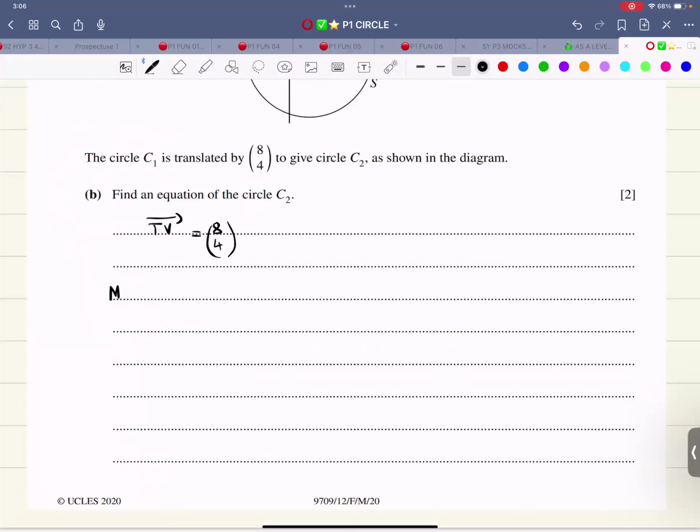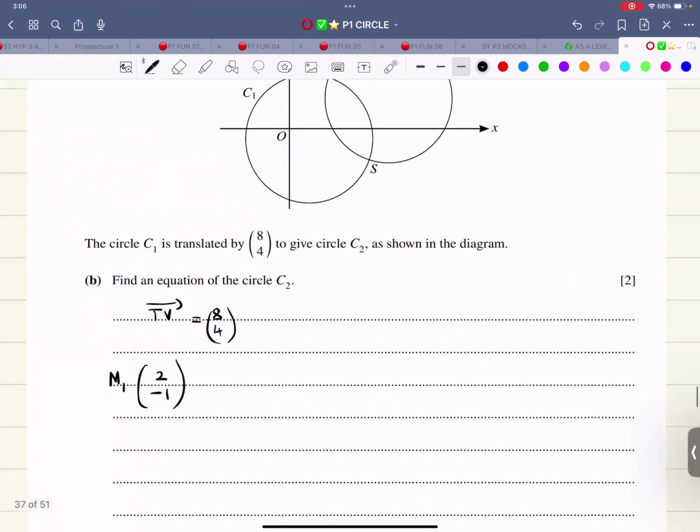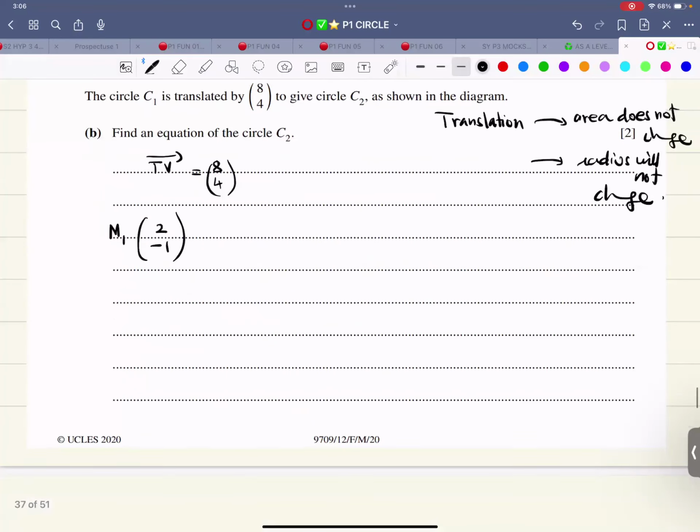Now we know that in translation, area does not change. Since area does not change, therefore radius will not change. Keep that in mind. So only we need the new center.